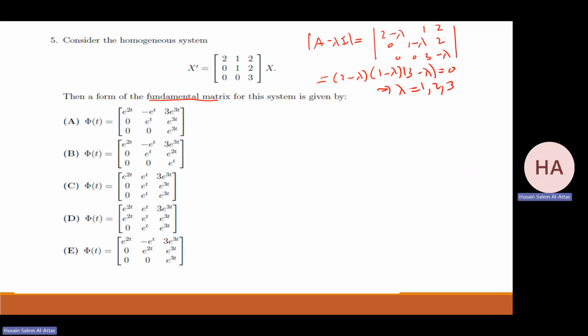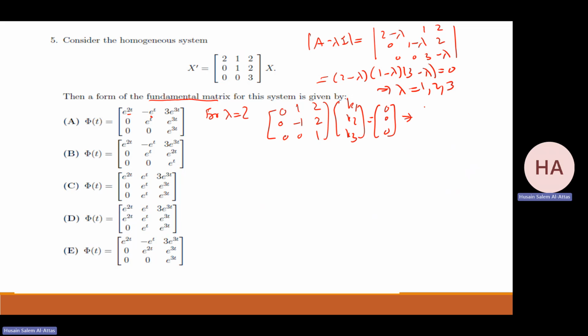Okay. I need to find the solutions. I just listed. Okay, so for lambda equal 2, he started with 2. Yeah, and then 1 and then 3. So let me start with 2, like what he did. That will be [0, 1, 2; 0, -1, 2; 0, 0, 1] times k1, k2, k3 equals 0, 0, 0.